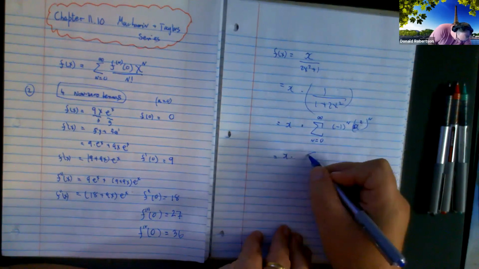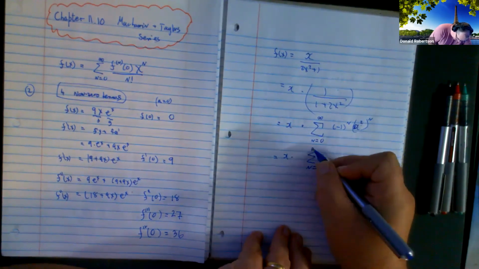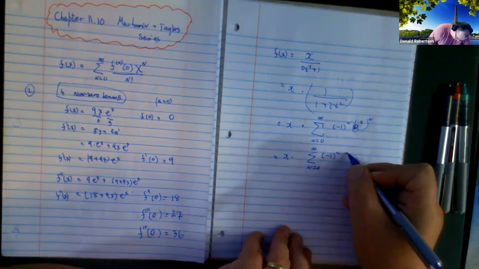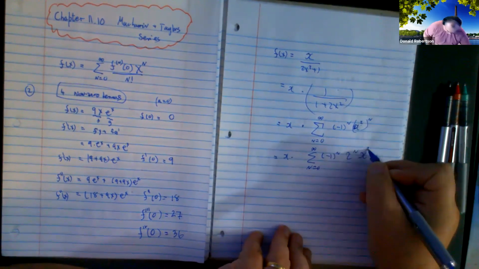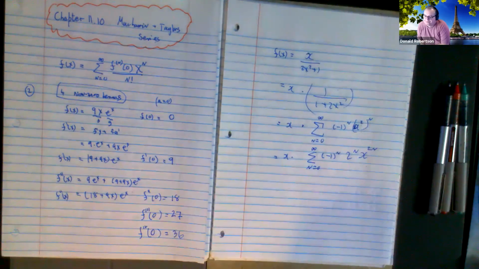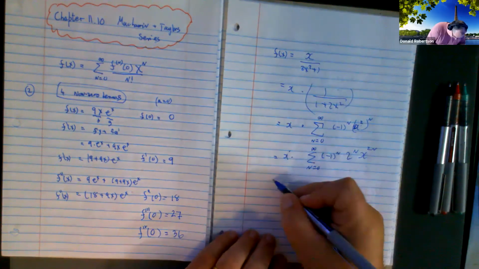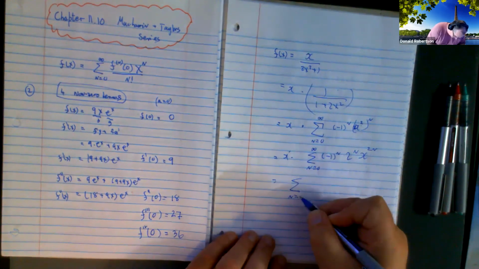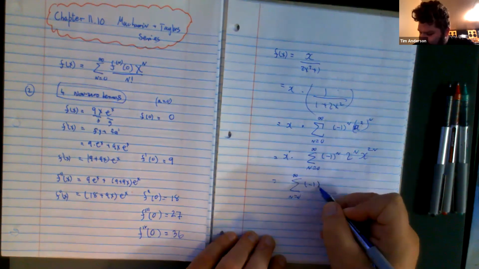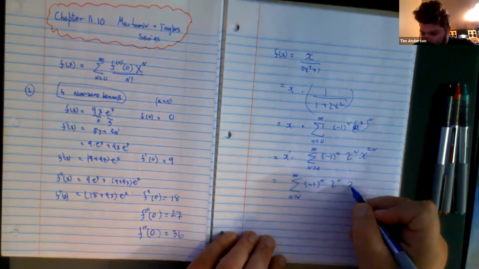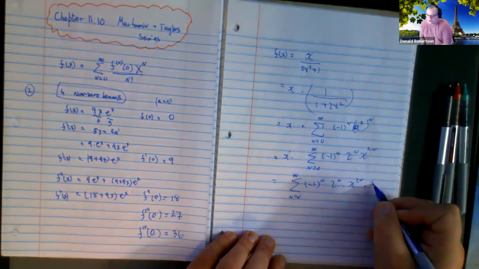So let's expand it a little bit. Right, let's bring this x inside. This is, I think, where your problem happened. So that x comes in and it becomes x to the n. No, it doesn't. That's your mistake.